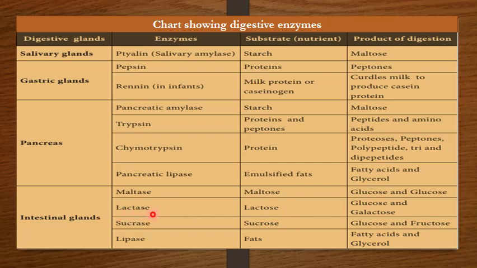Intestinal gland secretes lactase which helps in conversion of lactose into glucose and galactose. This gland also secretes sucrase which helps in conversion of sucrose into glucose and fructose, and intestinal gland secretes lipase which helps in conversion of fats into fatty acids and glycerol.